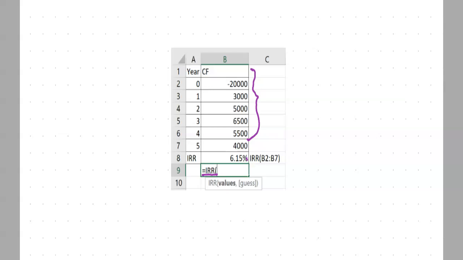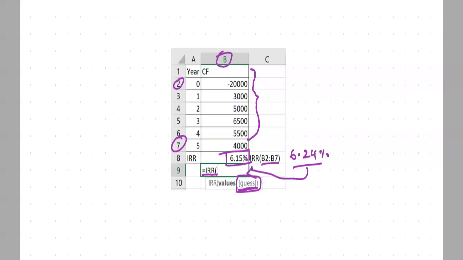You can either give the cash flows with commas in between, or just select all the cash flows at once, like this, B2 to B7. The guess argument you can ignore. You just give the function IRR and select the cash flows. So your IRR comes out 6.15%. In our manual calculation, the IRR was 6.24%, which is approximately equal to this IRR.